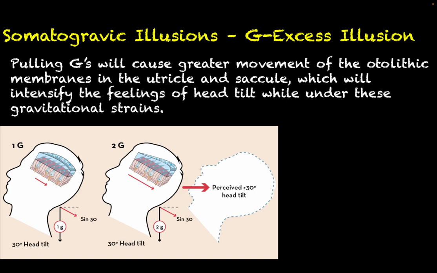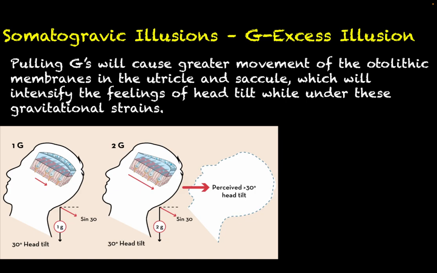So next, let's talk about what's called the G-excess illusion. Pulling G's will cause greater movement of the otolithic membranes in the utricle and saccule, which will intensify the feelings of head tilt while under these gravitational strains. Basically, take everything that we have talked about so far with the movement of fluid in the vestibular apparatus and how it causes us to feel that we are moving in a particular direction.